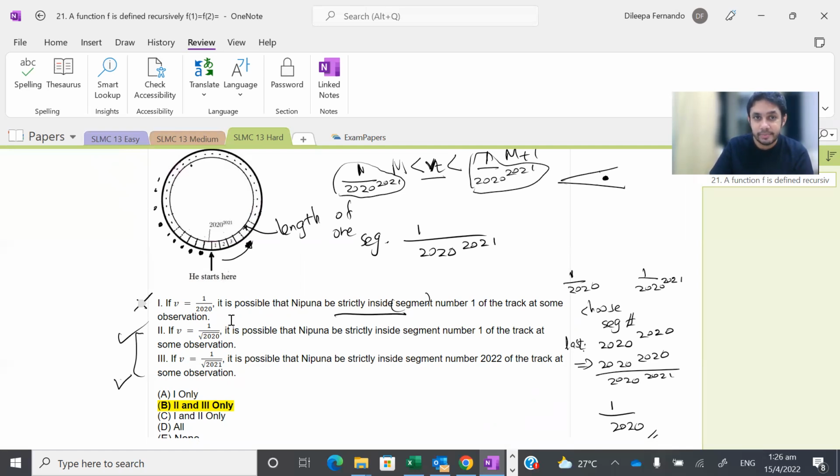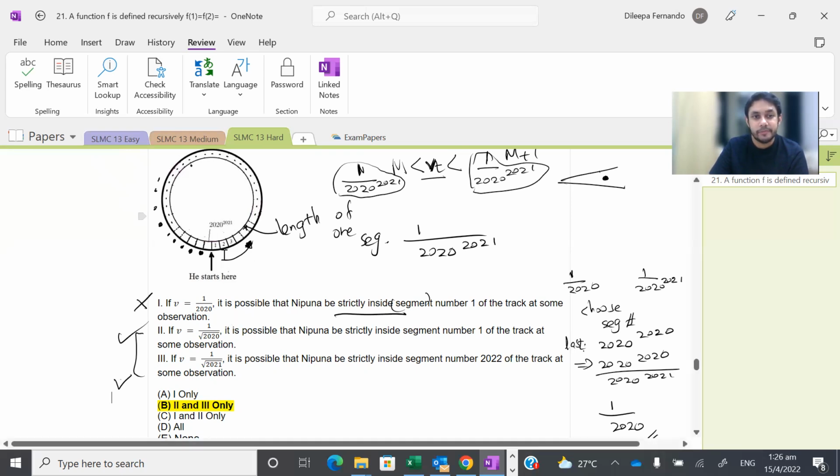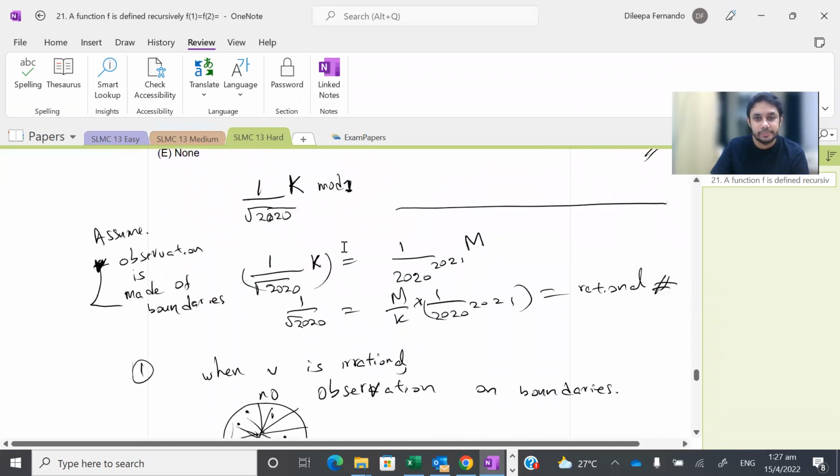And if it can be inside some segment, we use the pigeonhole principle to show that there can be a segment with at least two observations, and we use those two observations to show that there should be one observation within segment 1. Then we used logic to show that all the segments should have such observations, because if you left out a segment, there are two observations within an unreasonable distance. So this is the explanation.